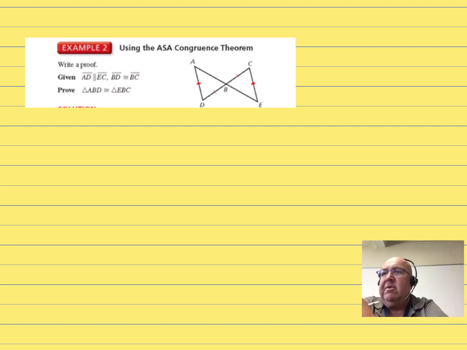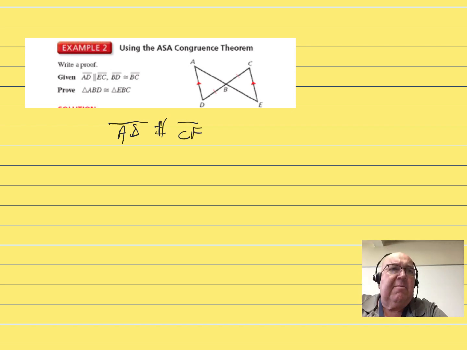Alright, so we want to write a proof here that says triangle ABD is congruent to triangle EBC, I believe. Yes. Alright. So we are given the fact that segment AD is parallel to segment CF.